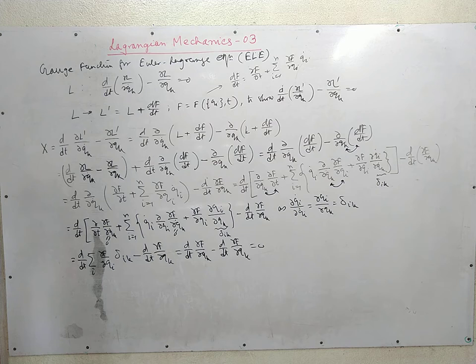So we see that if we add the total derivative of a function f, of a quantity f, which is a function of generalized coordinates and time to the Lagrangian, then the Euler-Lagrange equation remains invariant, and the function f is called the gauge function.